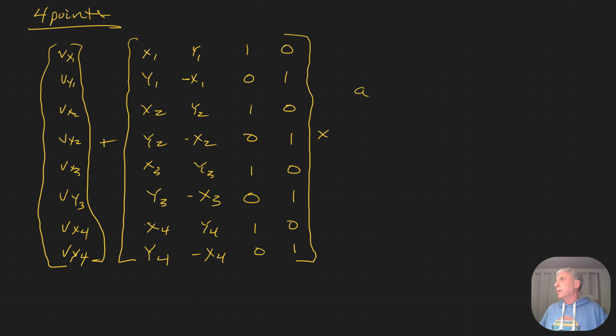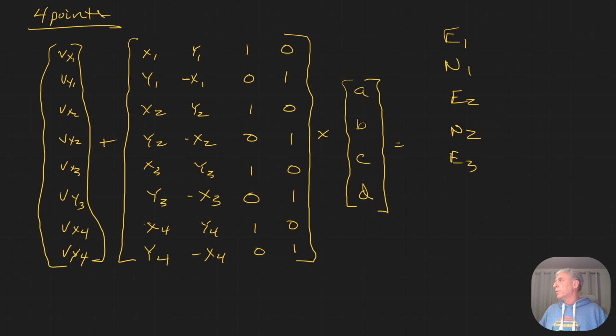So A, B, C, D. And that would equal our goal, which would be E1, N1, E2, N2, E3, N3, E4, N4. And that's it. That's our matrix setup.